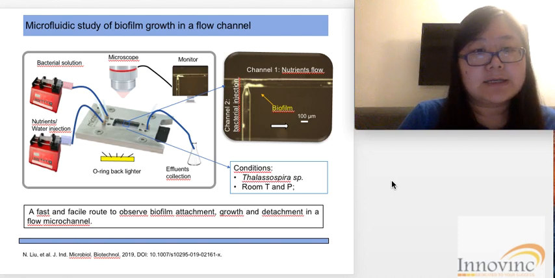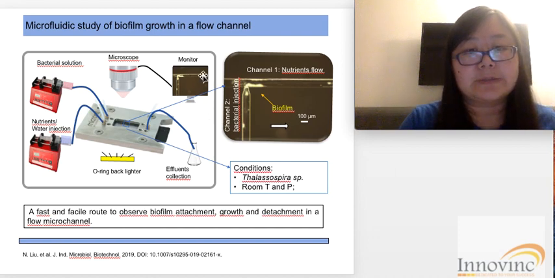So here is our experiment setup. We use this T-shaped microchannel to simulate biofilm growth in flow systems. The vertical channel is used for bacterial injection, and the horizontal channel is used for nutrient injection.